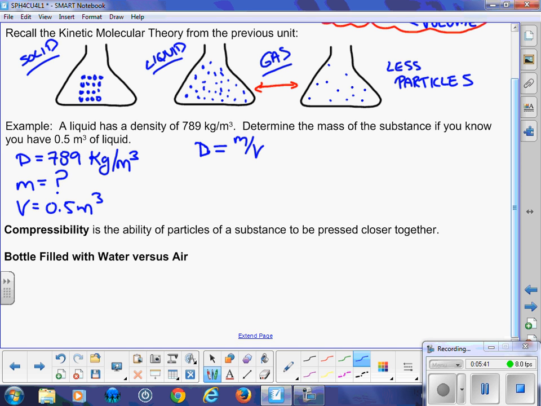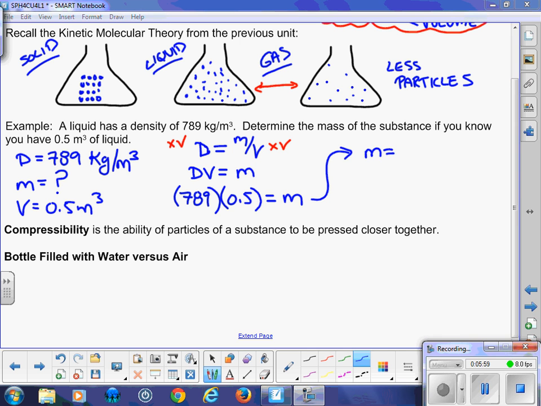I want to get mass by itself, so multiply both sides by volume. Density multiplied by volume is mass. So 789 multiplied by 0.5 gives us our mass, and you get a total of 394.5 kilograms in your therefore statement.